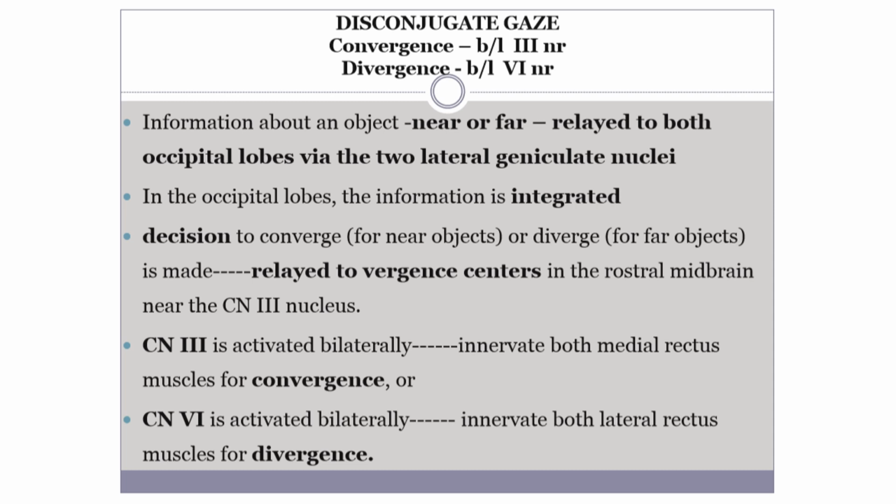In the rostral midbrain, near the cranial nerve 3 nucleus, which makes sense because that's what's going to be doing the majority of the work. Cranial nerve 3 is activated bilaterally, innervates both medial rectus muscles for convergence, and then cranial nerve 6 is activated bilaterally and innervates the lateral rectus, LR6, for divergence.